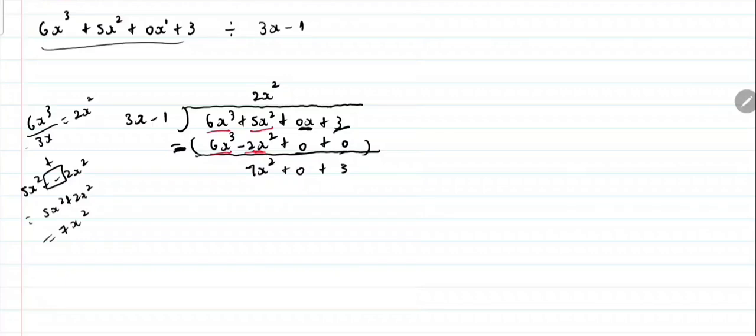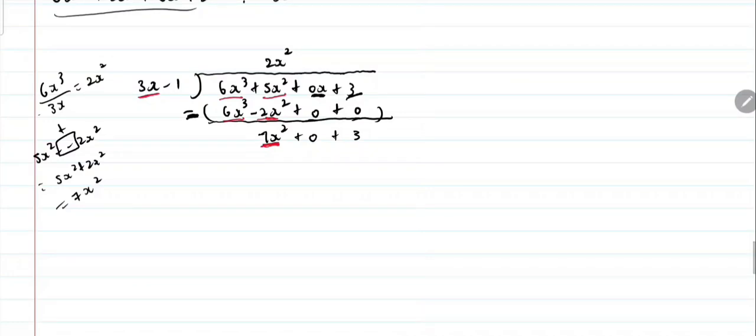We divide. Right? 7x squared divided by 3x. 7x squared divided by 3x is going to give me, right? The x to the bottom and cancel out, leaving me with x to the top there. I have 7 upon 3x, right? So plus 7 upon 3x. 7 upon 3x multiplied by 3x.